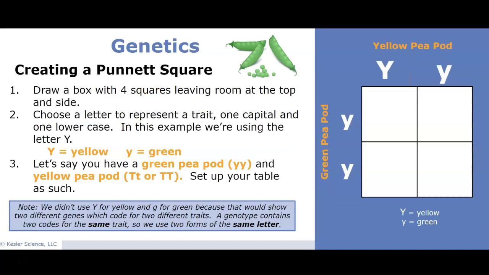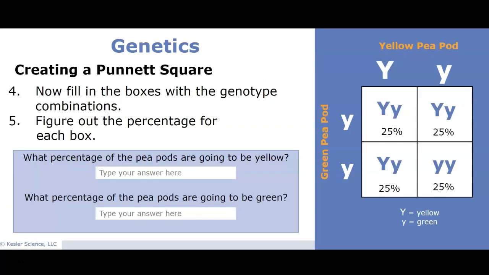So here you're going to create a Punnett square. The square's already at the right. It shows that we have a heterozygous yellow pea pod and a homozygous recessive green pea pod, and this was how you set up the Punnett square. Now here's the Punnett square completed.